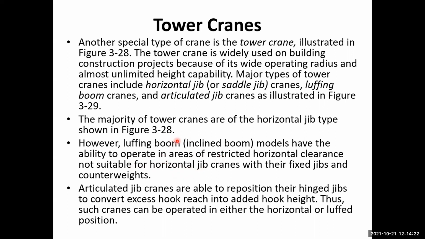In the horizontal jib type of cranes, if the crane size is too big for the construction site, it is not possible to shorten the horizontal jib. So in those cases, luffing boom cranes are used. Also, the articulated jib cranes are able to reposition their hinged jibs to convert excess hook reach into added hook height.